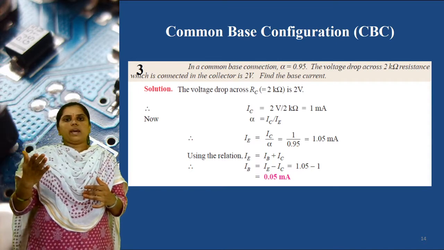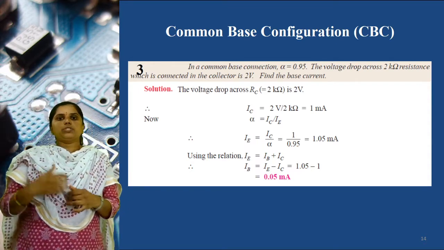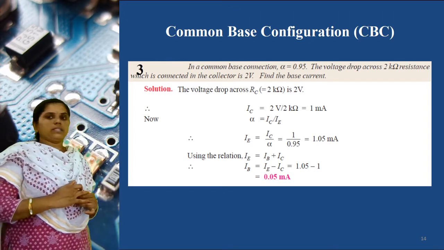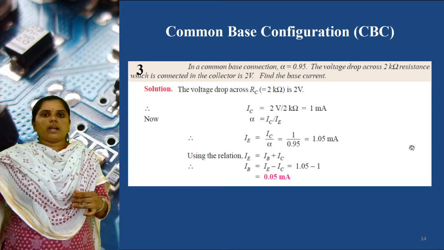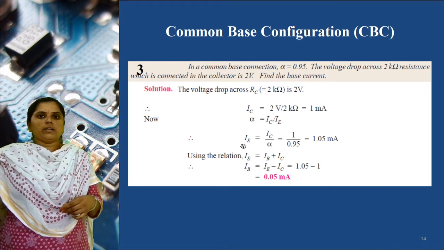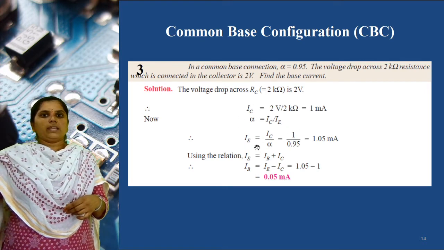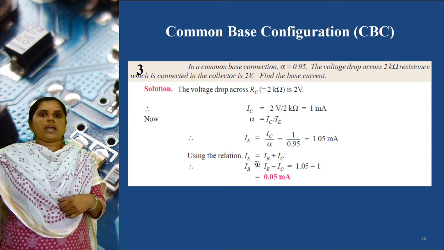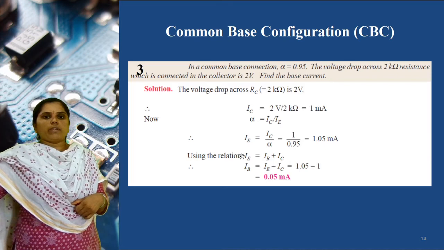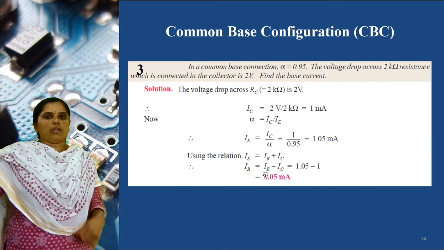V is equal to I R, so I is equal to V by R, that is 2 volts by 2 kilo ohms, which gives 1 milliampere. And alpha is equal to IC by IE, the current amplification factor. From this you have to calculate IE. Then using the relationship IE is equal to IB plus IC, you have to calculate the IB value also.